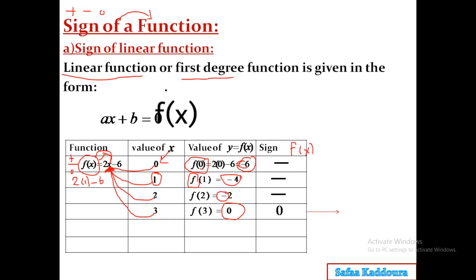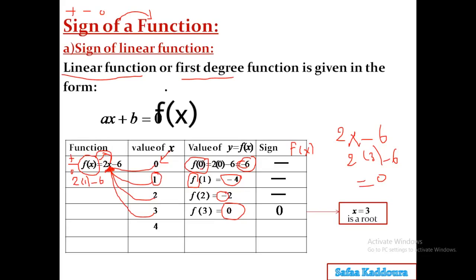When this x gives me the value of f of x zero, then we call this x a root. Because if we substitute it in 2x minus 6, it will give me 0. And we call this x a root.